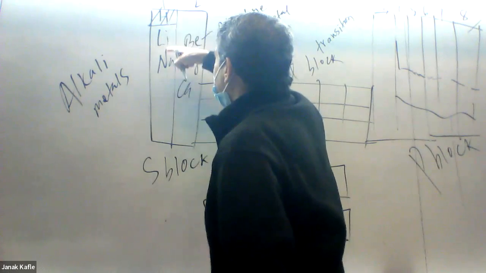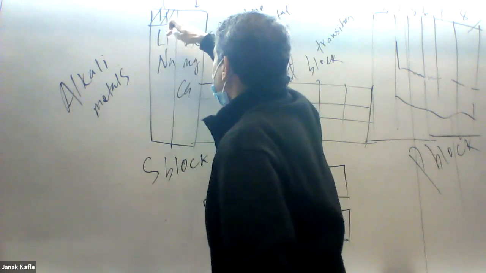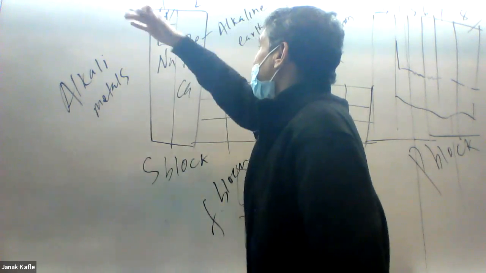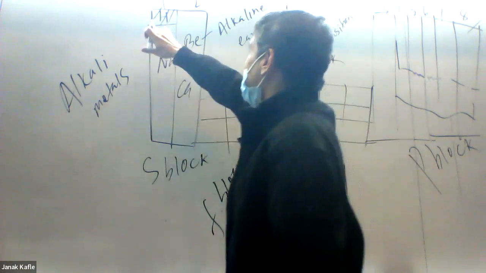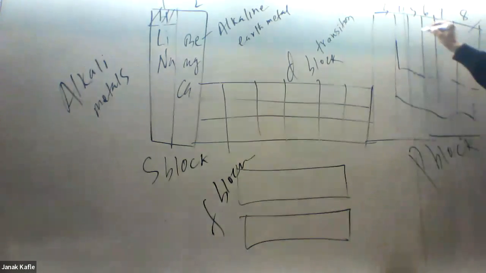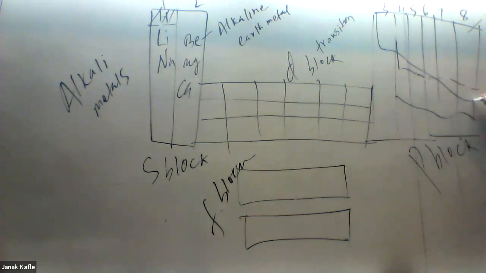It has similarity in chemical reactions like lithium and sodium, but most of the hydrogen properties are non-metallic properties. So only one element here is non-metal, and the others are somewhere here, non-metals. Yeah.